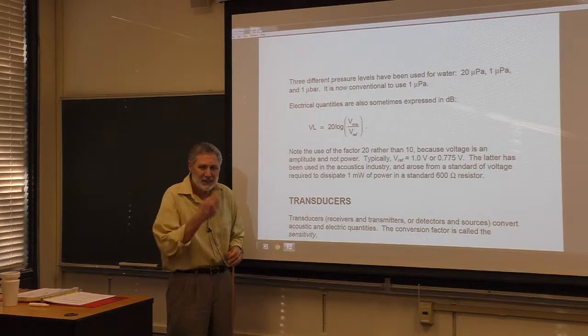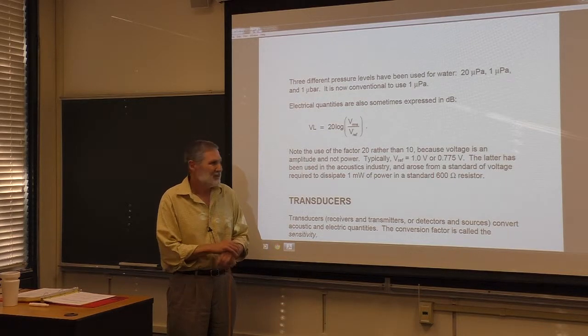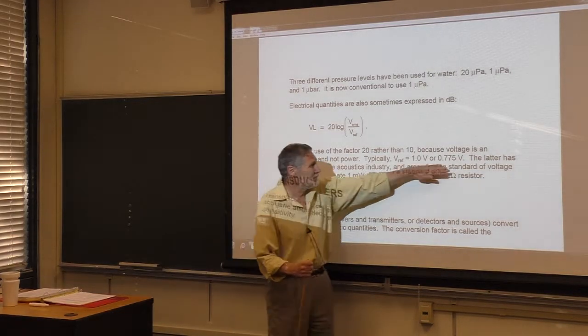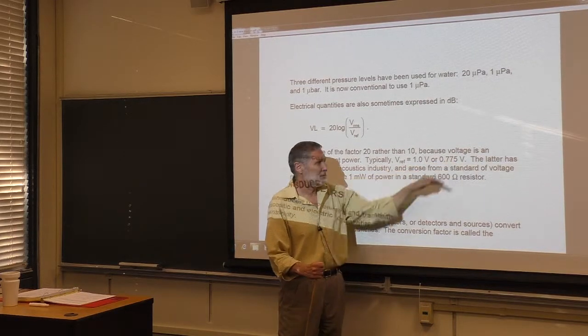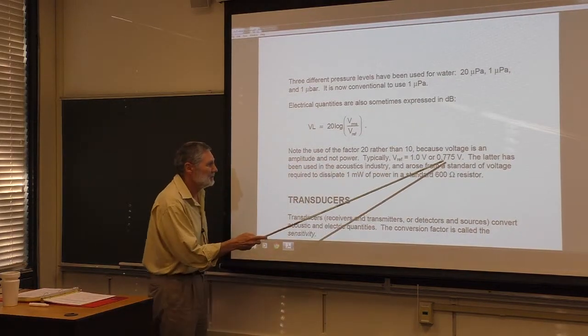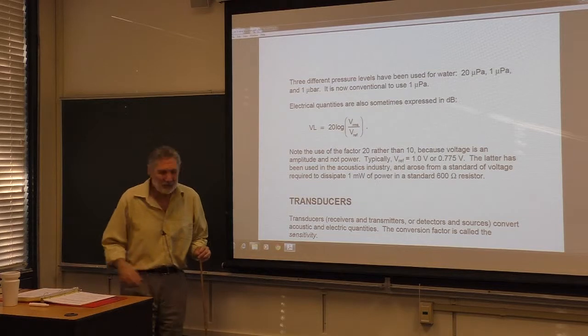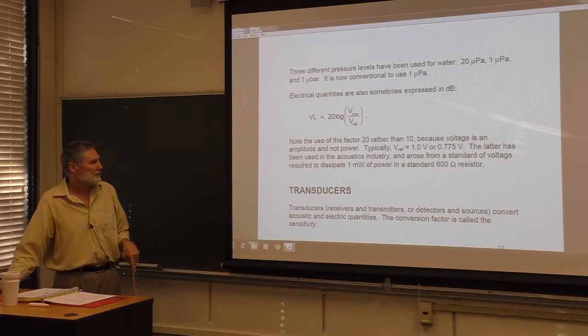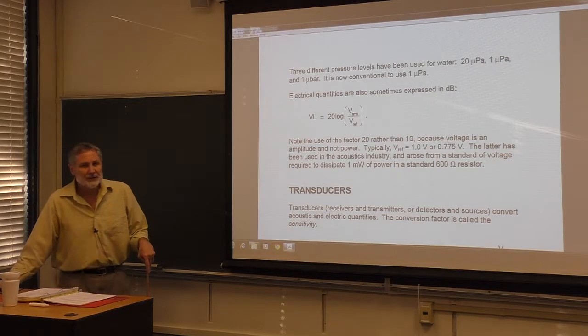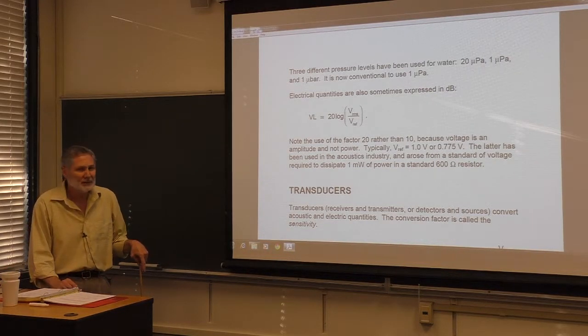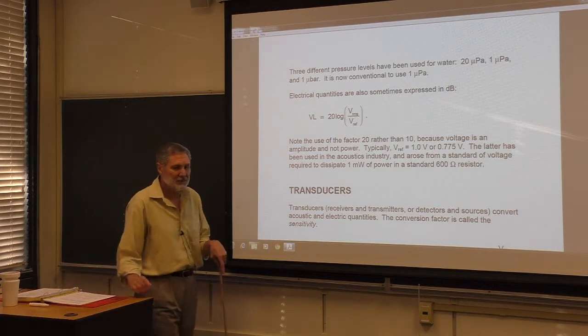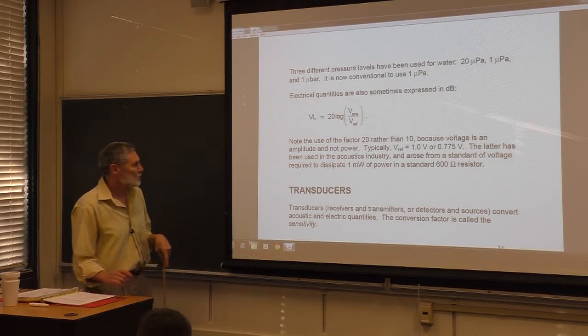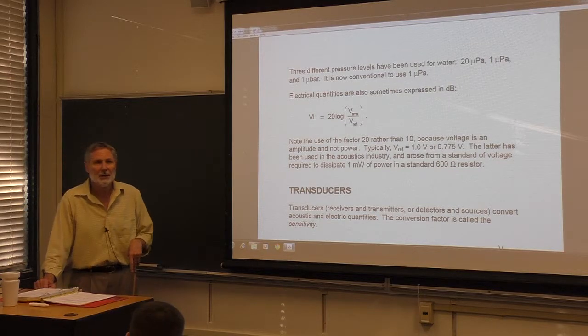So you can get a standard for the voltage. I guess this is what happened, and this is why this was used for quite a while. People are trying to get rid of it, and have been for a long time, but they're not quite there yet. Okay. So that's the decibel scale, which is often used in acoustics. Anybody have any questions?